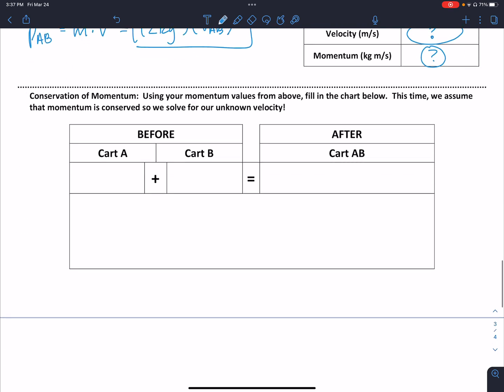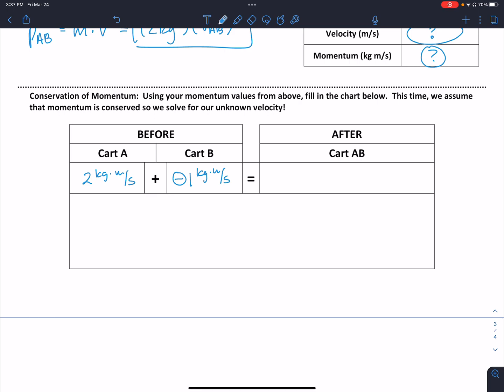So if we come down to our table looking at conservation, we're going to fill in what we do know. We know that cart A's momentum before was 2 kilograms times a meter per second. And we know that cart B was negative 1 kilogram times a meter per second.